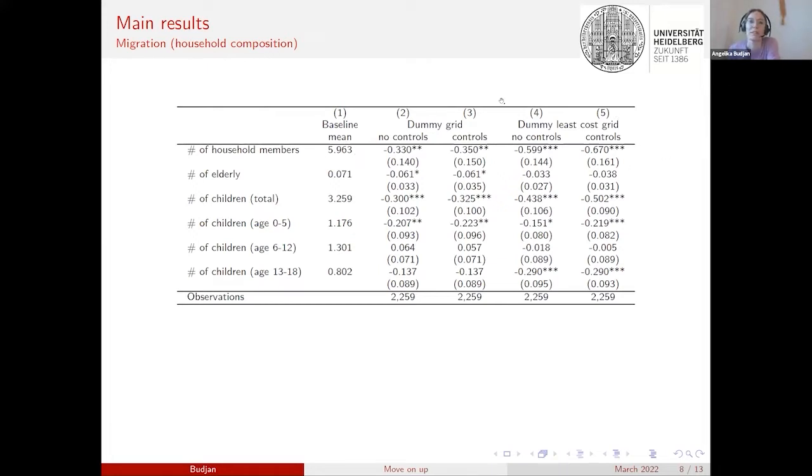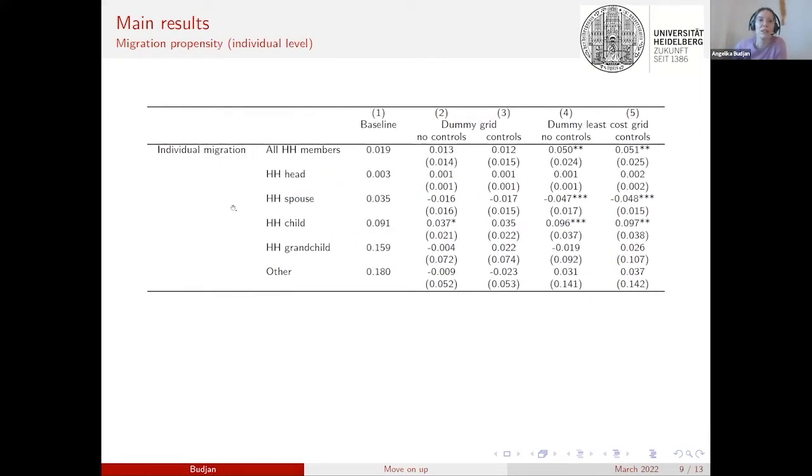So that's approximately 10% of household members leaving the household. And this effect is partly driven by children, particularly older teenagers, so children aged 13 to 18. And here it's important to consider that 15 is already considered working age in Nigeria. So this is not only probably linked to education, but also income generating activities.